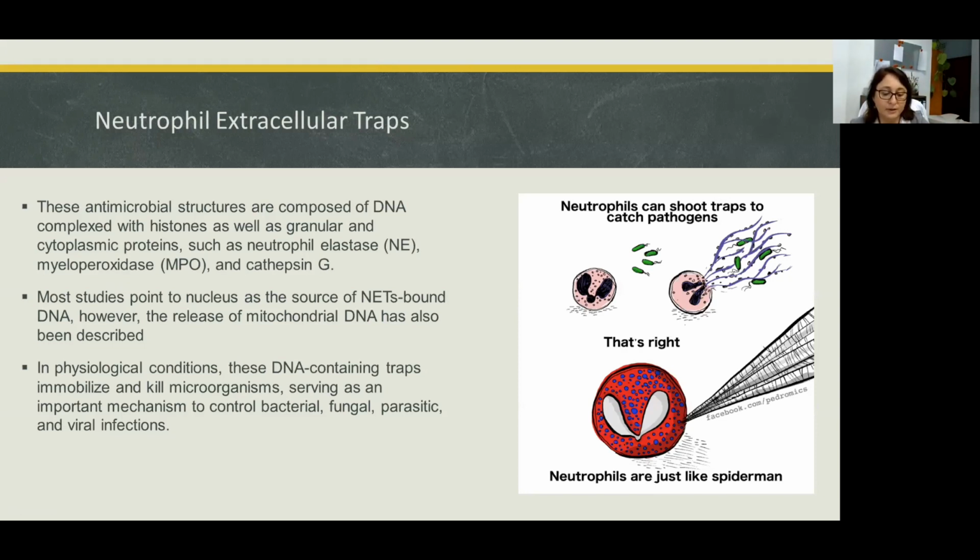As we already told, in physiological conditions, these DNA-containing traps immobilize and kill microorganisms, but not only bacteria. Their release was also found in parasitic, fungal, and viral infections. Interestingly, neutrophils seem to sense the size of the pathogen, and they can choose if they use phagocytosis or release of neutrophil extracellular traps.